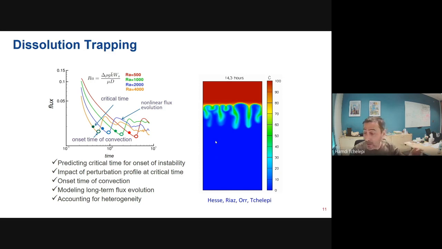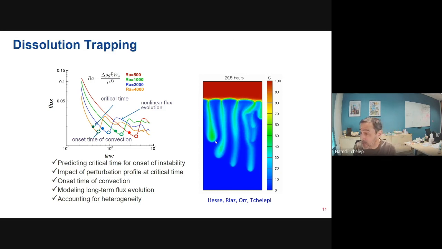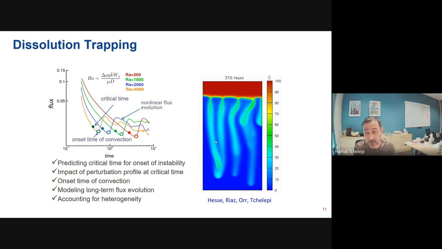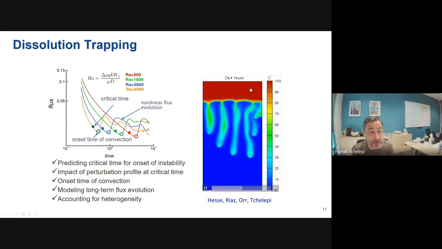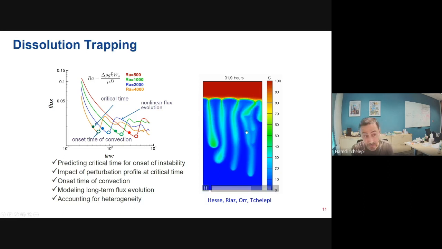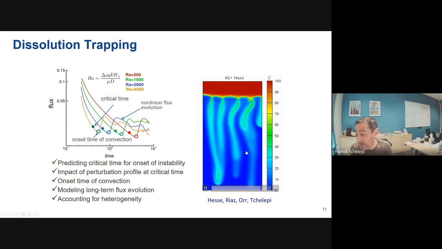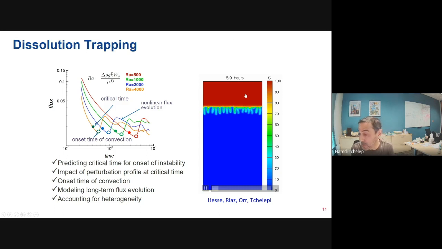And this is a reminder that if you only assume that diffusion will take place to mix the CO2 with the water, you would be underestimating the amount of trapping that takes place because of these convective mixing currents or fingers that carry significant amounts of the CO2 as it dissolves in the water, carrying it deep into the formation.